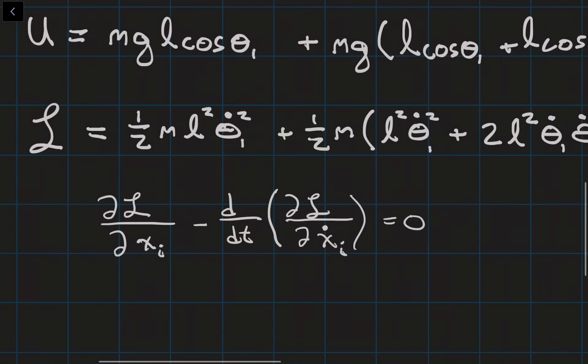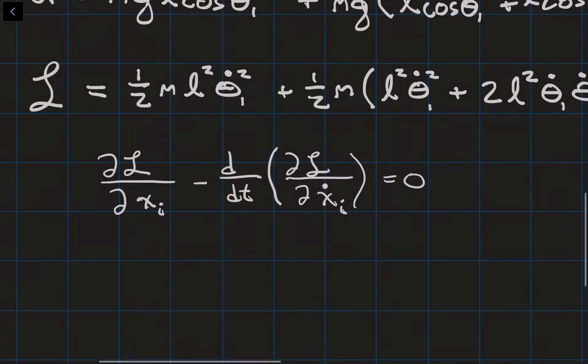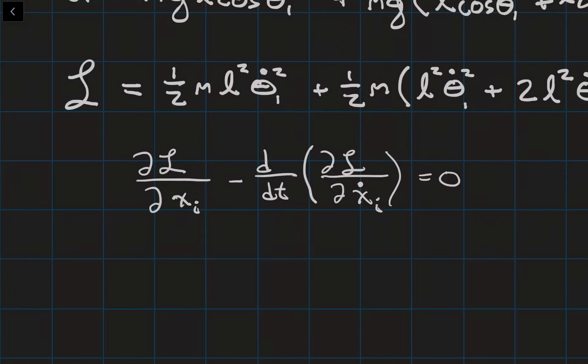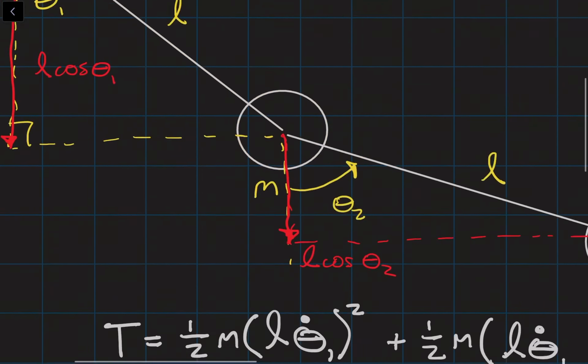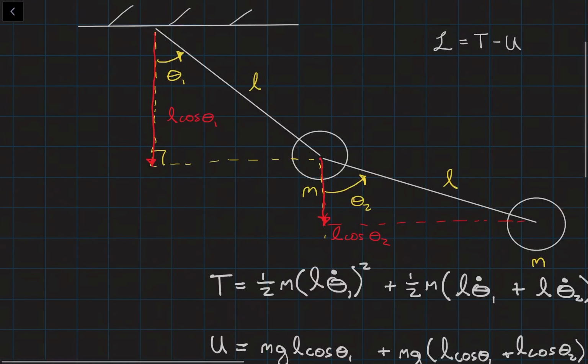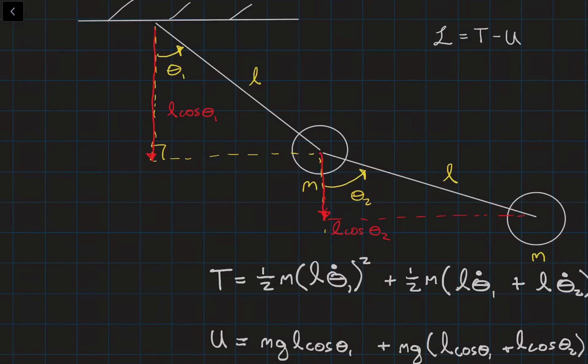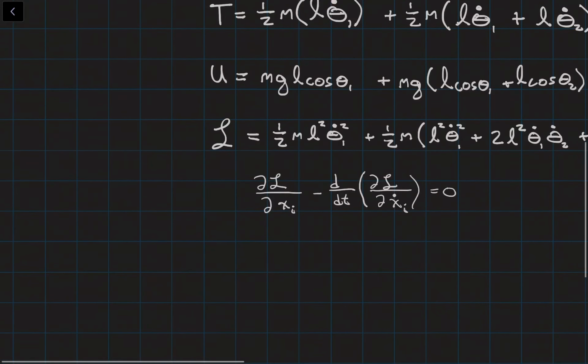What this is doing is finding the stationary points of the action functional. I'm not going to go into that in this video. It's kind of complicated, but this is what you need to solve it. So since we have two masses and they're obviously coupled together, we should expect two coupled differential equations at the end. So let's go ahead and do that.